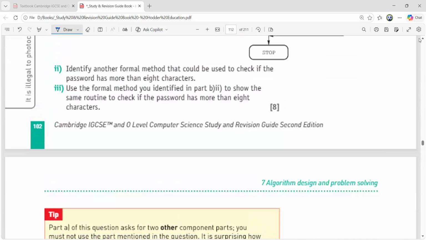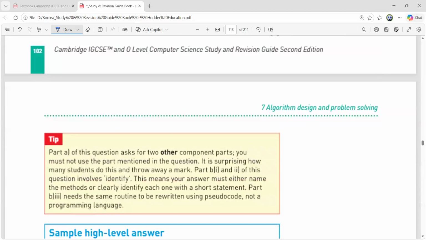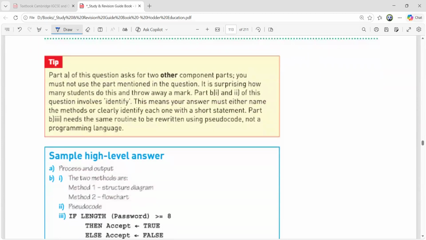So you can simply mention the pseudocode term, and then you write down: identify another formal method that could be used to check if the password has more than 8 characters. The pseudocode is missing from the two, since the structure diagram and flowchart were there.